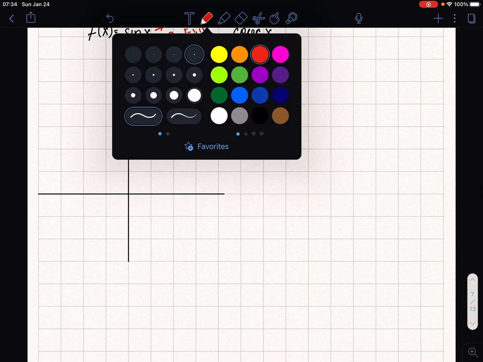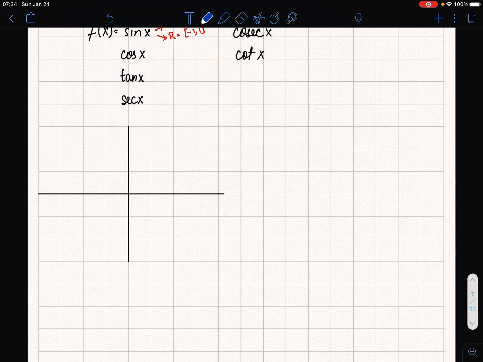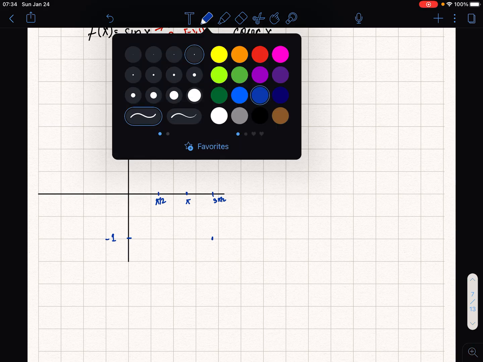So we plot the graph. We mark +1, we mark -1, and now we do the following. At pi by 2, the graph attains +1. At pi, the graph goes to 0. At 3 pi by 2, my graph goes to -1, and so on.